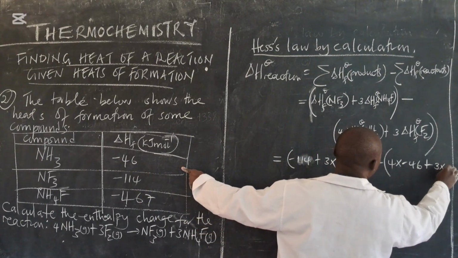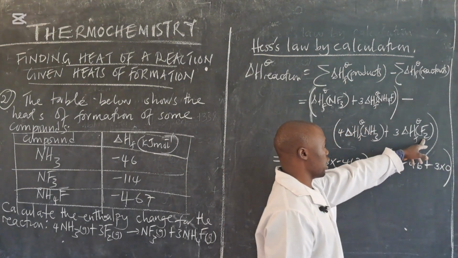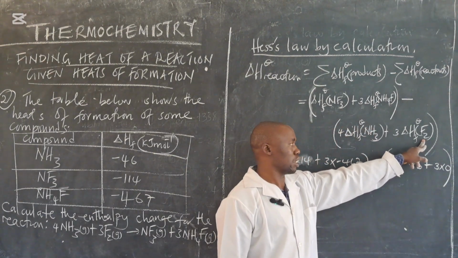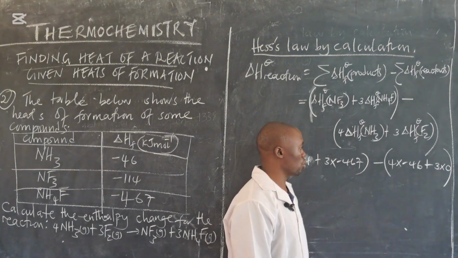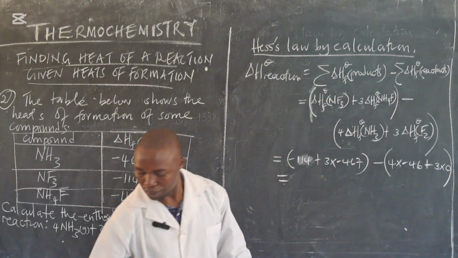Since fluorine is an element in its standard state, its enthalpy of formation is 0, so 3 times 0. So I punch that in the calculator.